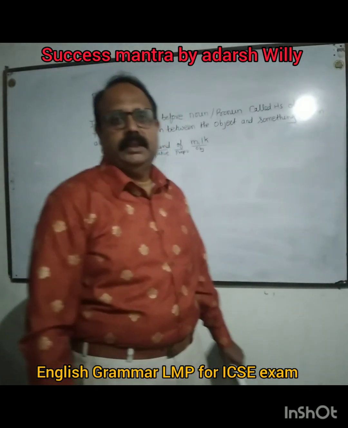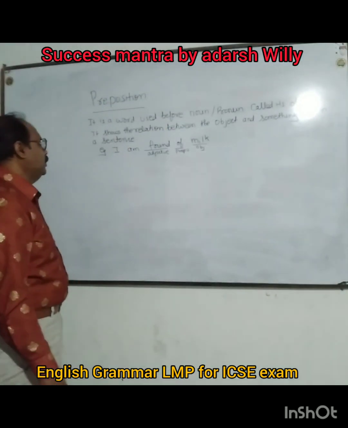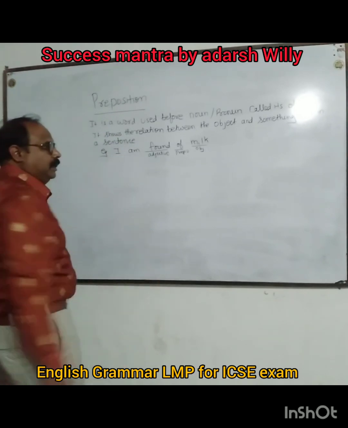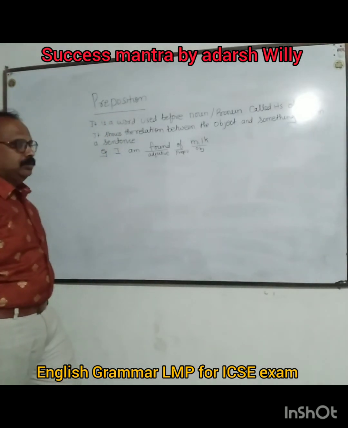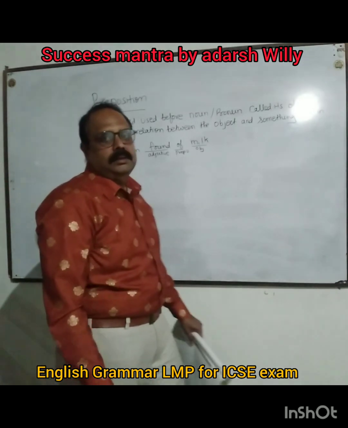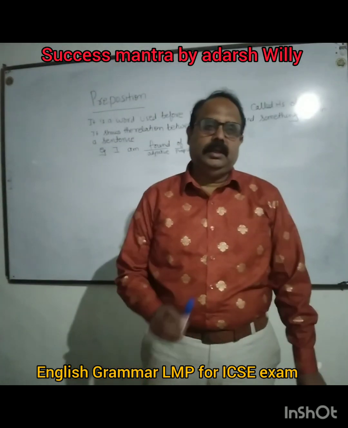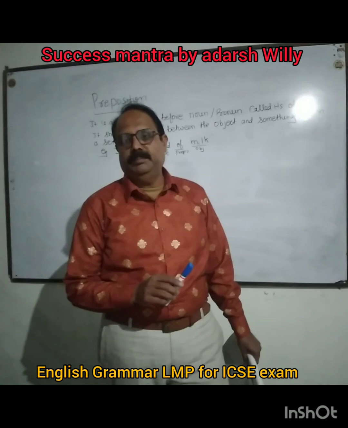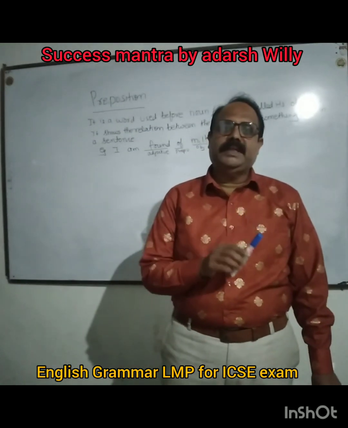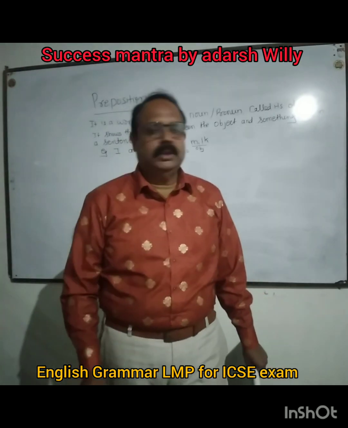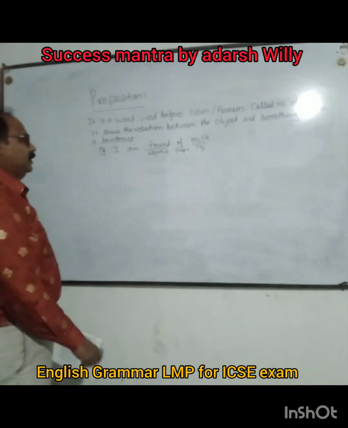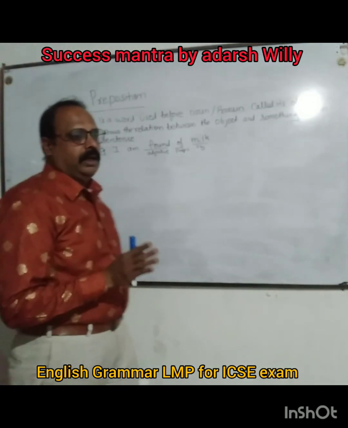First, let's start with the definition. As you can see, I have written the topic preposition. So what is a preposition actually? A preposition is a word that shows the relationship between the object and some other part of the sentence. By definition, it always comes before a noun or a pronoun.